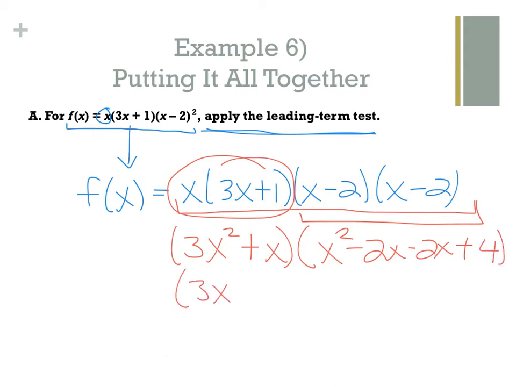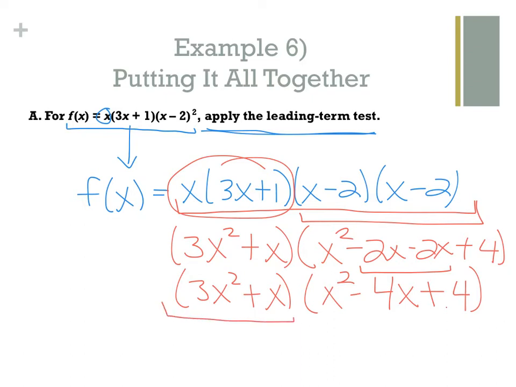What I would need to do is multiply this binomial, 2 terms, times this trinomial, because I have 3 terms here.